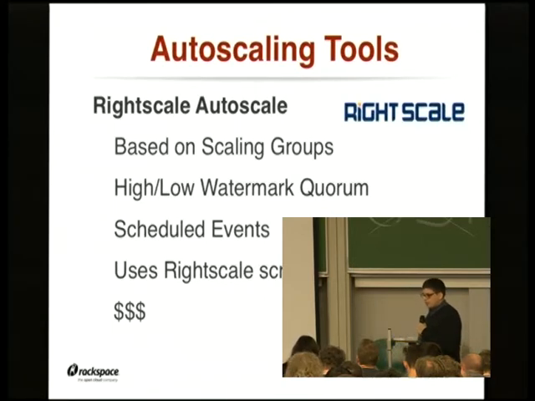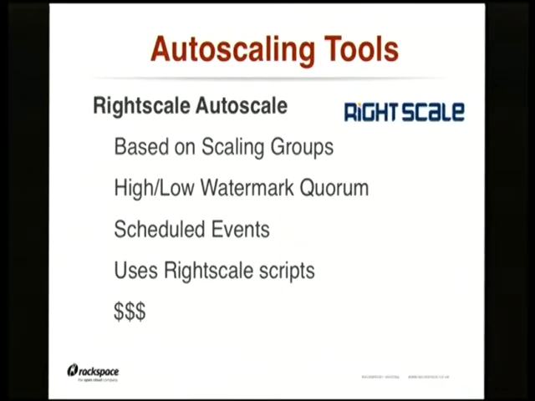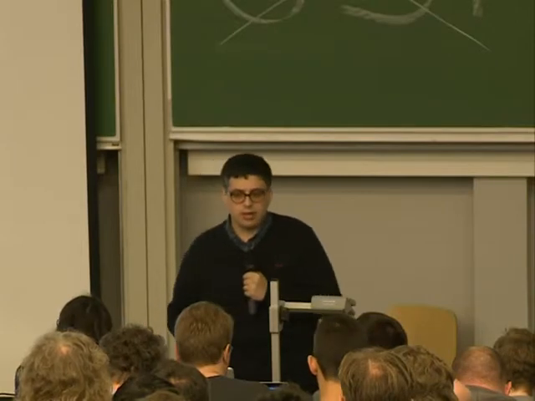The third one is RightScale. RightScale is a tool that was created in order to simplify deployments into the cloud. It was first supported by Amazon, but now it supports everything from Amazon, Rackspace, Windows Azure, and I think another one, so it supports any kind of scenario. It's also based on scaling groups, because again, that is logical.